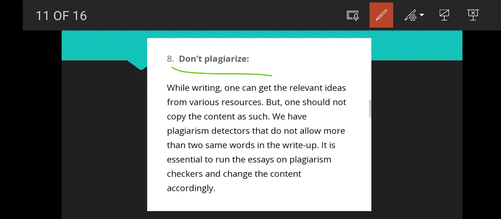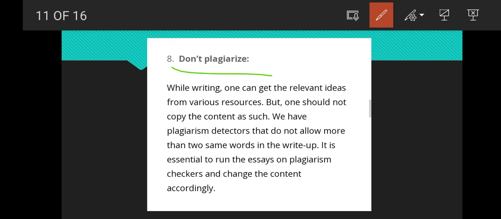Write in your own words and write according to your knowledge. Do not copy any other work. While writing, one can get relevant ideas from various sources. While writing anything, you can get the same topic and its information through different websites, but one should not copy the content as such.